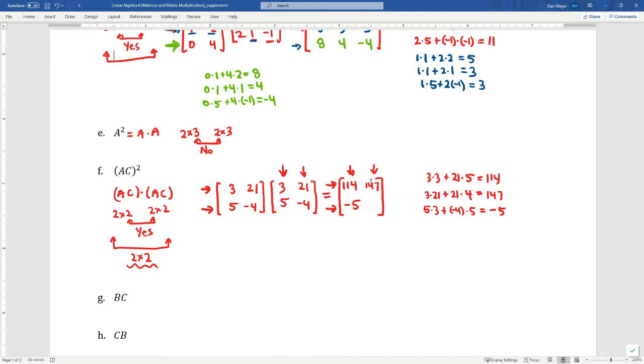And then for the very last entry, in the second row, second column, I'll take the second row times the second column. So 5 times 21 plus -4 times -4, that'll give you 121.